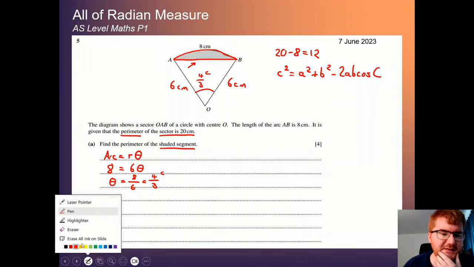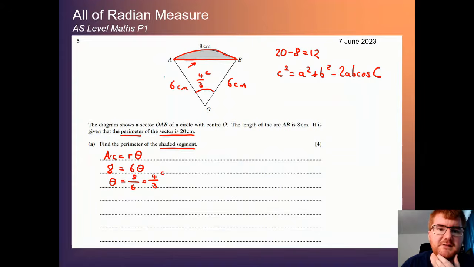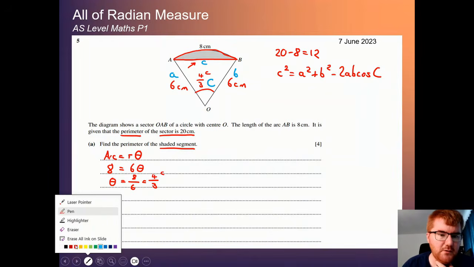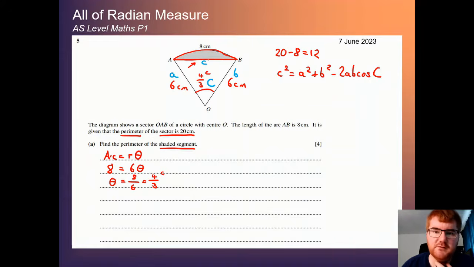So let's label our sides here. So these will be the two smaller sides, A and B. This is our longer side, C. This is the big angle, big C. So we can use this now to work out this small c here. So I try and keep this in one smooth calculation. Notice I could write c on its own here by just square rooting both sides.